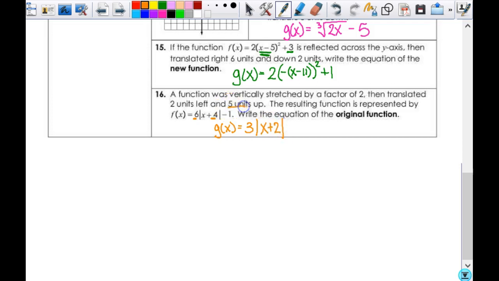And then 5 units up, minus 6. Okay. Everybody okay with that? Any questions? Okay. Make sure you're paying attention to which direction you're going on these.